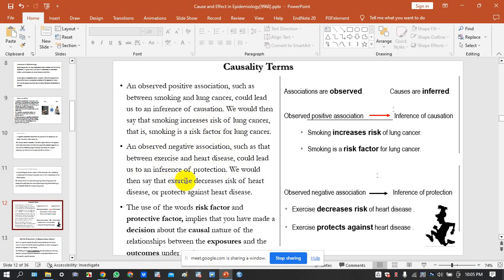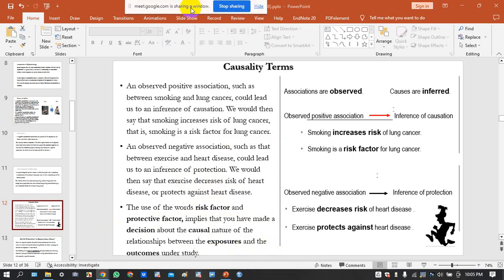We will then say that exercise decreases the risk of heart disease and protects against heart disease. Therefore, the use of risk factors and protective factors implies that you have made a decision about the causal nature of the relationship between the exposures and the outcomes under consideration. Okay, so I've already explained these ones.